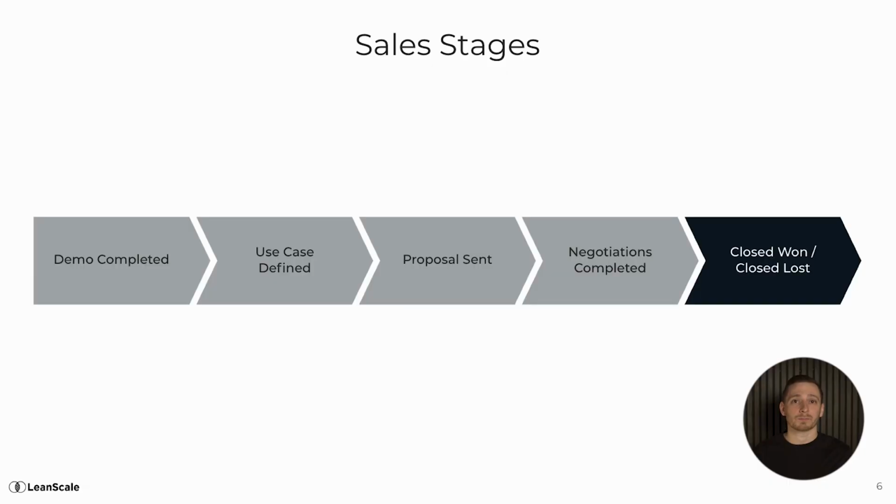Once you and the customer have verbally agreed upon the terms and conditions of the agreement and locked in the pricing of the product or service that you're going to be delivering, you would move this to negotiations completed. Now, we know that not every single negotiation can be done in a short period. And even if you have a verbal, there's still contracting processes that take place.